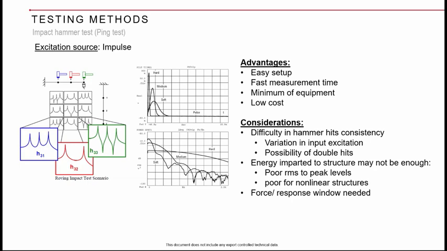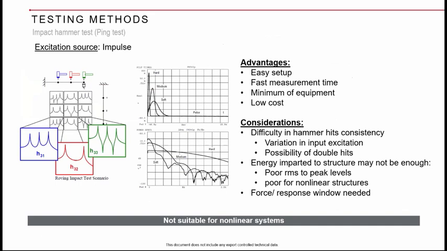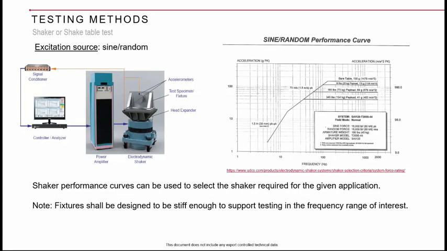Whereas when you go for a shake table test, you will get proper excitation levels, and that is the advantage of shake table test. Like I said previously, impact hammer is not suitable for nonlinear systems, and a more realistic scenario can be achieved by considering a shake table test.